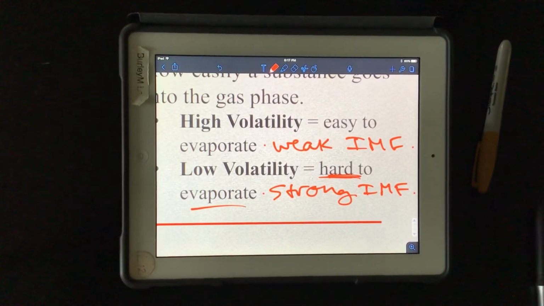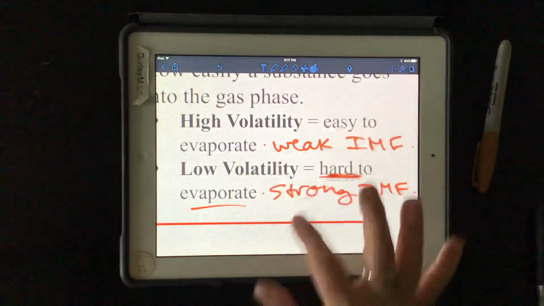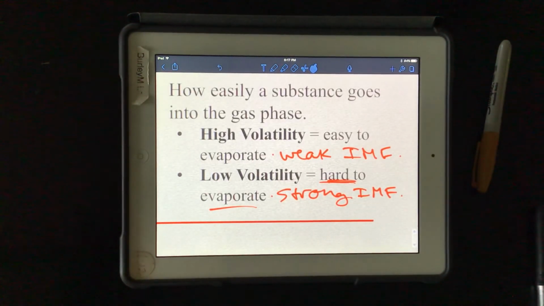So maybe we don't smell something and we need to actually give it energy in order to force it into a gas phase. So something with a higher boiling point, for instance. If something has a high boiling point, then it is very difficult for it to turn into a gas.